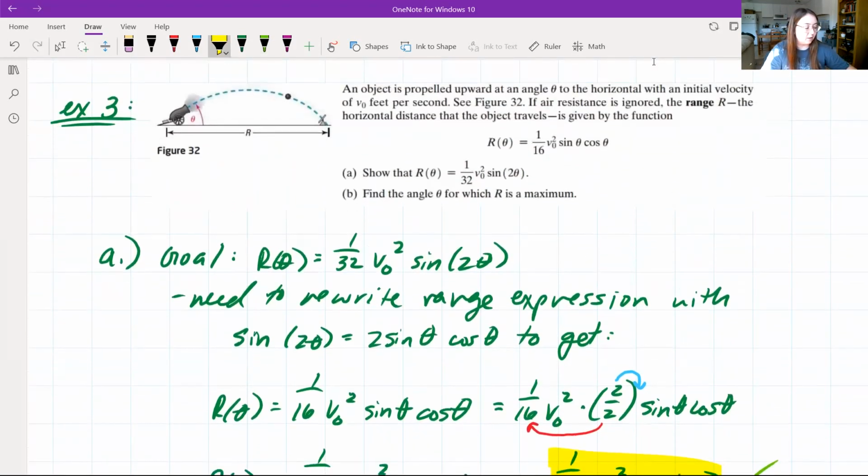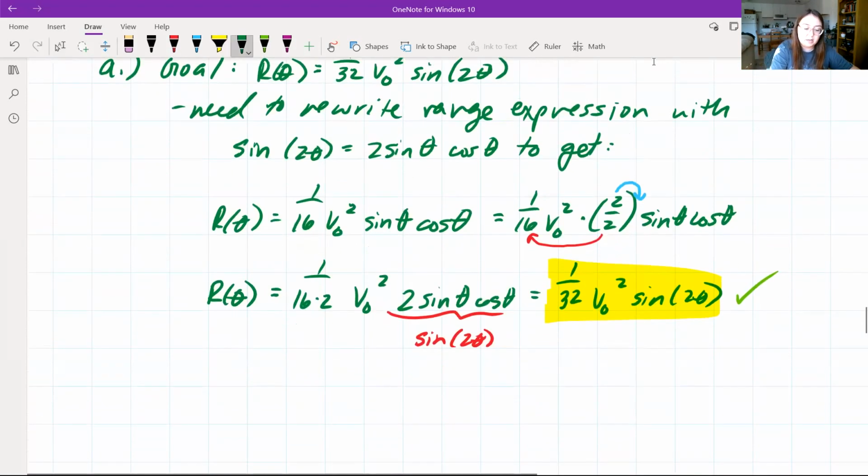Now for part B, we want to find the angle theta for which r is going to be a maximum.